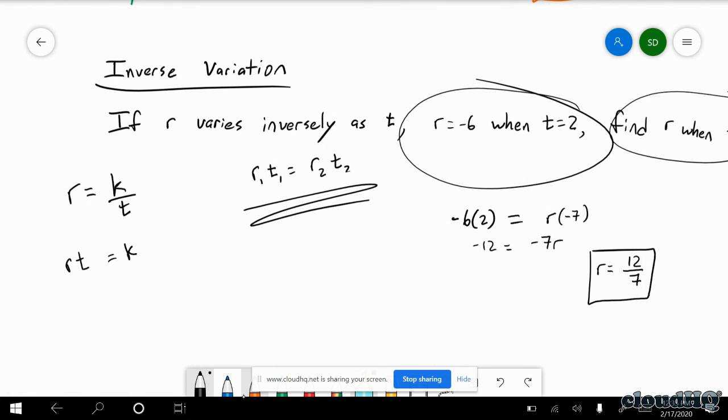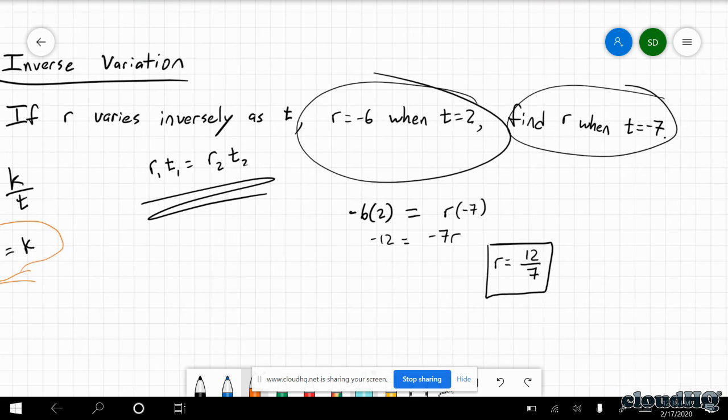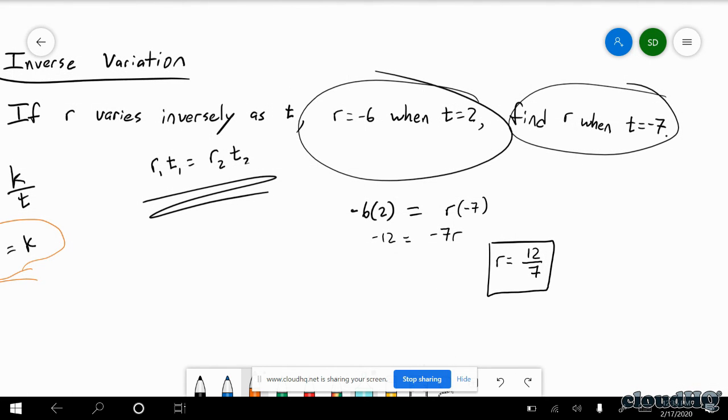What would we get? Wouldn't it be -12? R times your T. So -6 times 2. -7 times 12/7. Good.